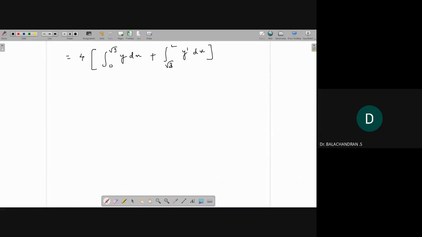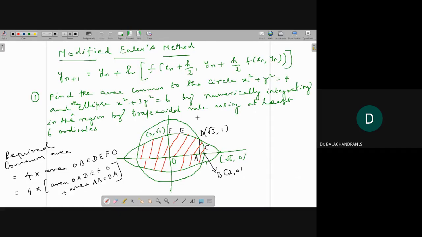So in the first region, you can check it, x varies from 0 to root 3.